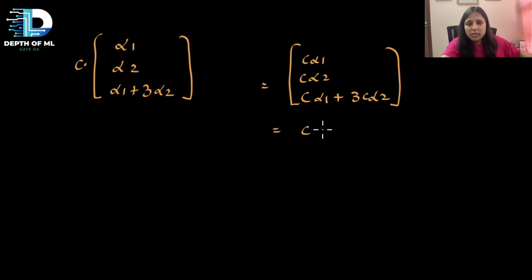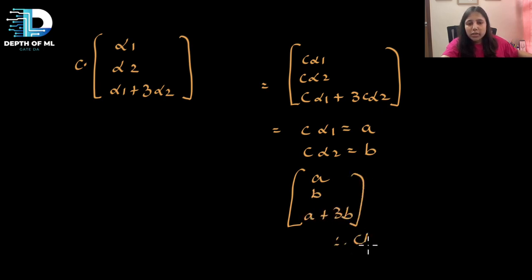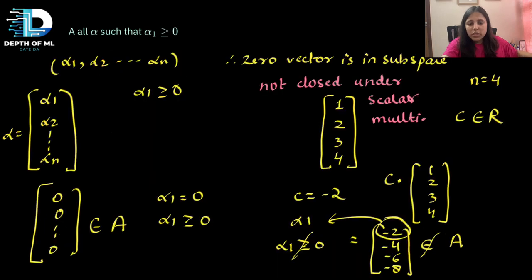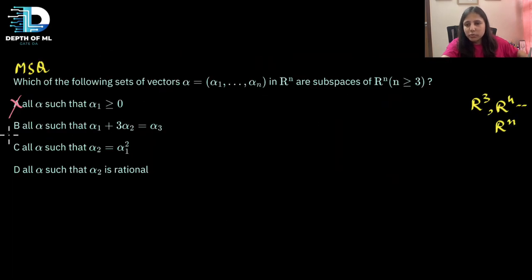Let me say C alpha 1 is equal to A, and C alpha 2 is equal to B. So I'll get a vector of the form A, B, A plus 3B, right? So it is closed under scalar multiplication also. Hence this is correct, so this is a valid set.